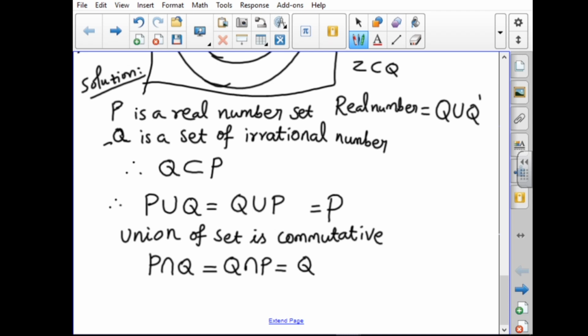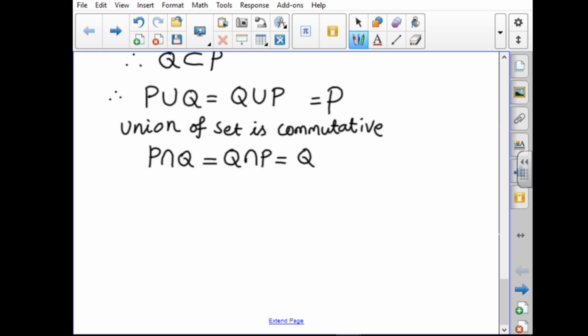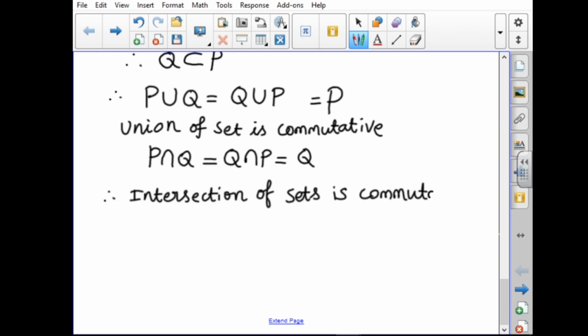So therefore intersection of sets is commutative. Okay, I hope you are clear. If you understand the diagram, the solution is very easy. Okay, then question number 3.